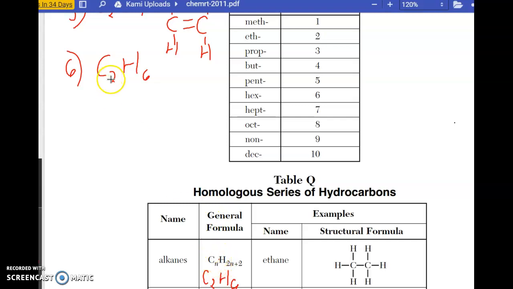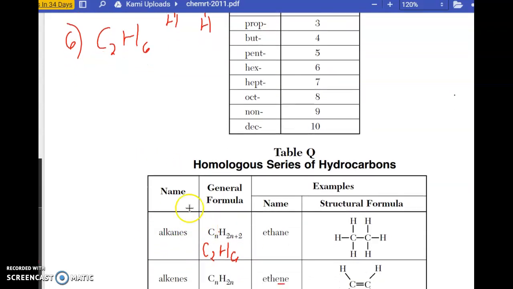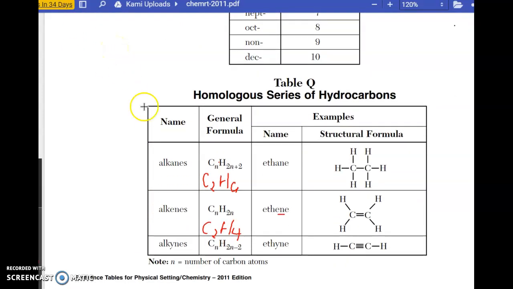If we have 2 carbons and plug that into this formula, 2 times 2 plus 2, we get C2H6, which is an alkane. So we know that it's an alkane. For the alkene, you would get C2H4.